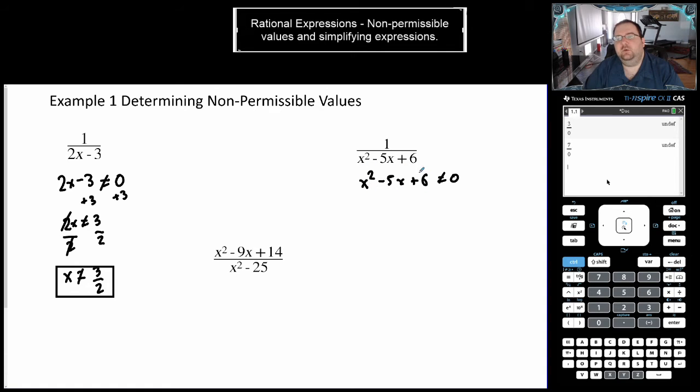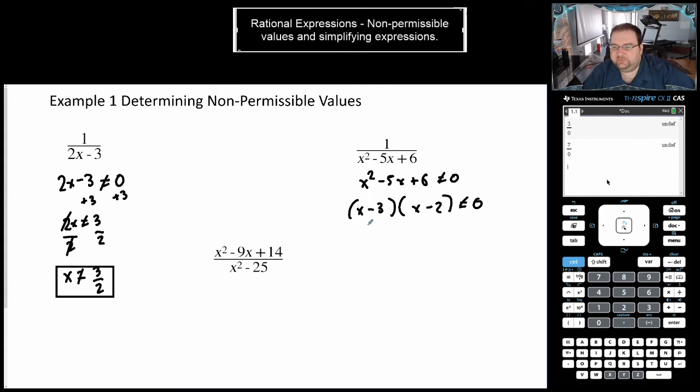It looks like a quadratic, and a quadratic I'm able to factor. So let's see if I can factor this. We're going to again say it's not equal to 0, and I'm going to use my rules, and it looks like it's going to be x minus 3, x minus 2.